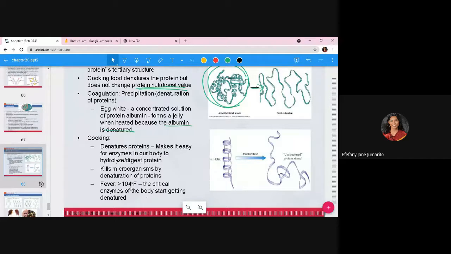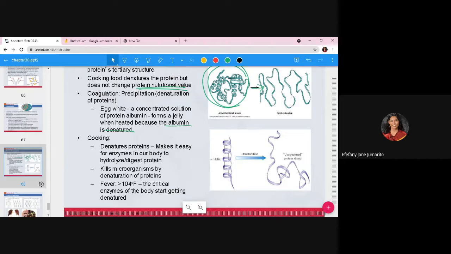Now, when we have fever, when we are very hot, why is there fever? A fever is a result of the interactions inside your body. So foreign materials from outside entered here, and then your immune system responds to it.